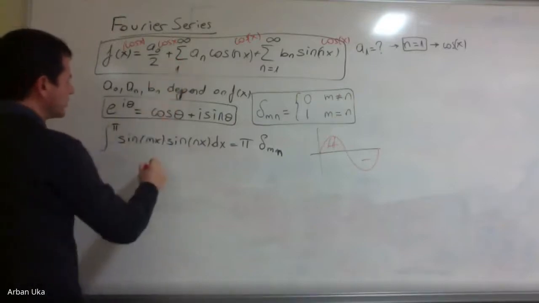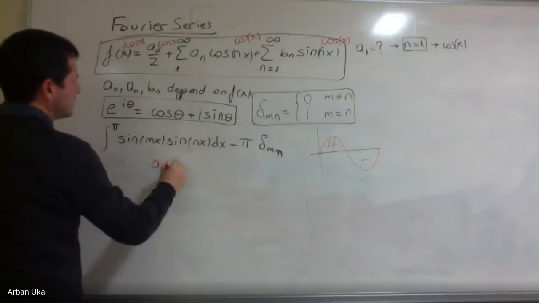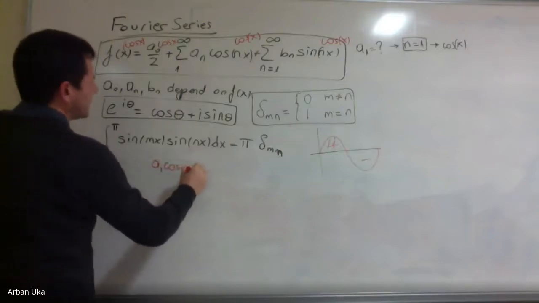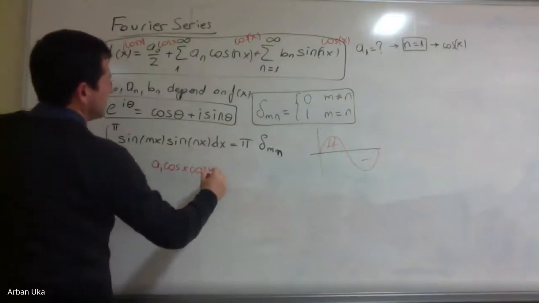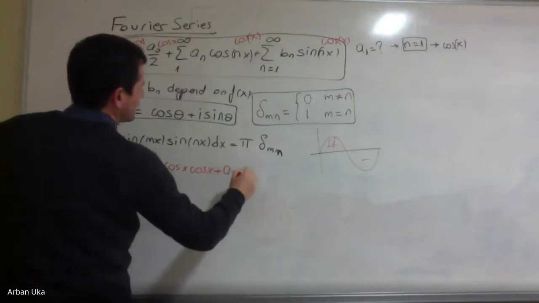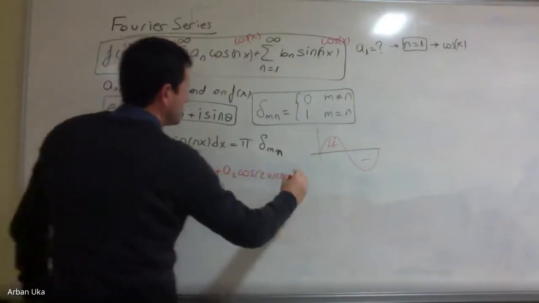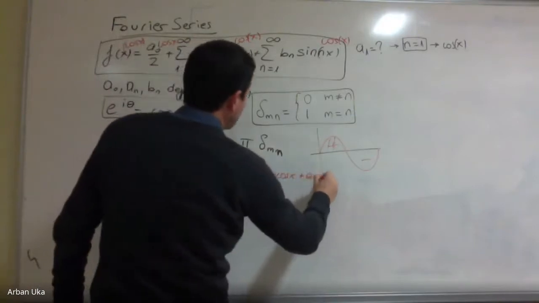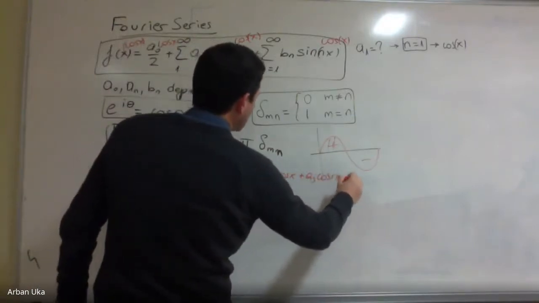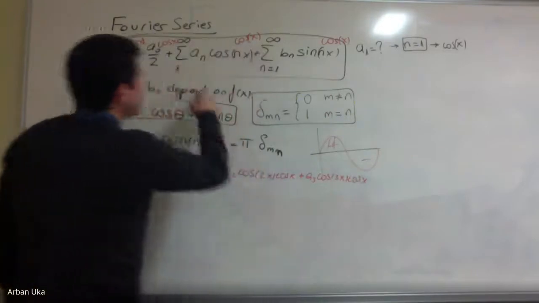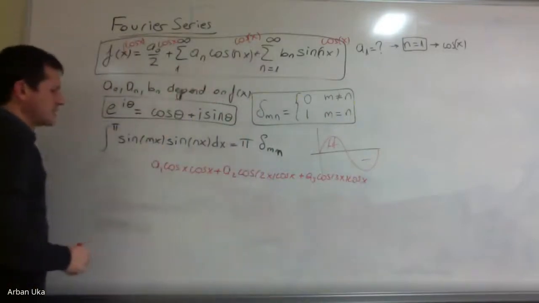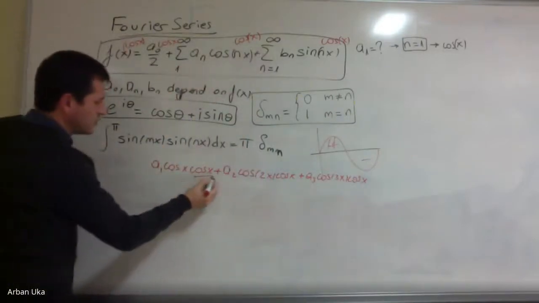From the expansion, we get A1 times cosine x times cosine x plus A2 cosine 2x times cosine x plus A3 cosine 3x times cosine x. So this complete expansion of the series, we are multiplying with this new factor.